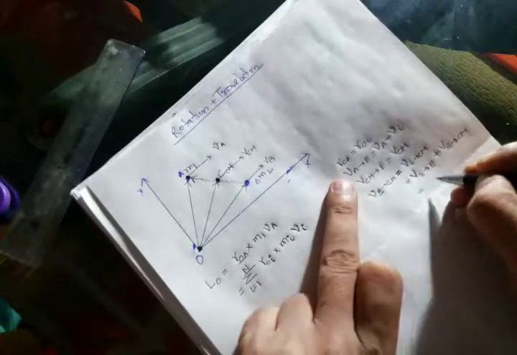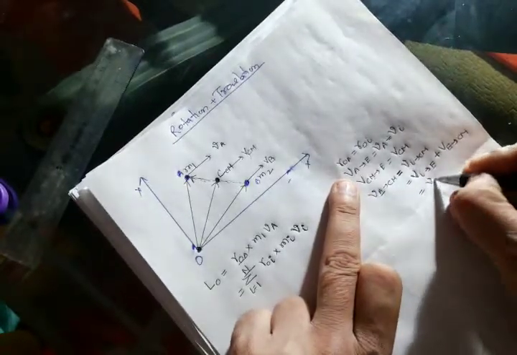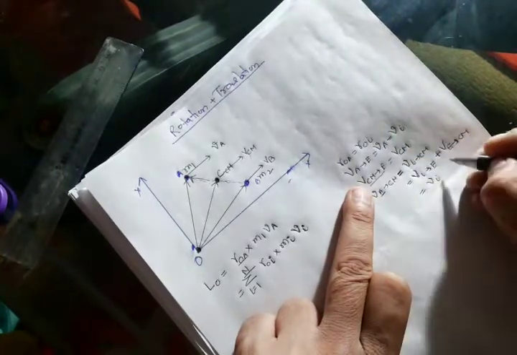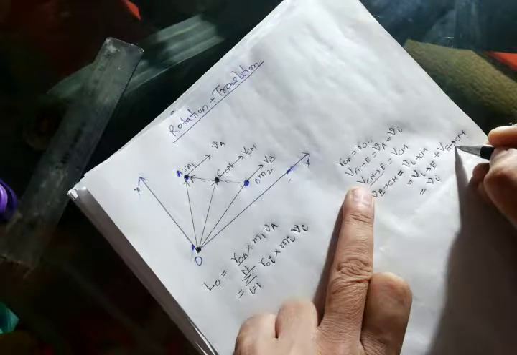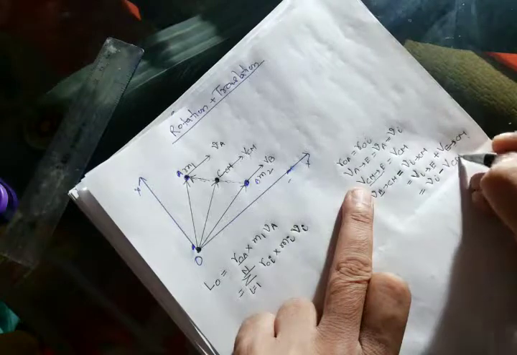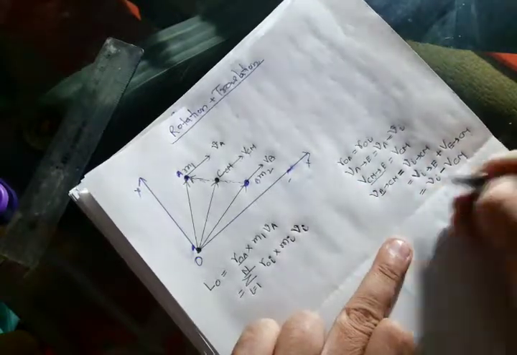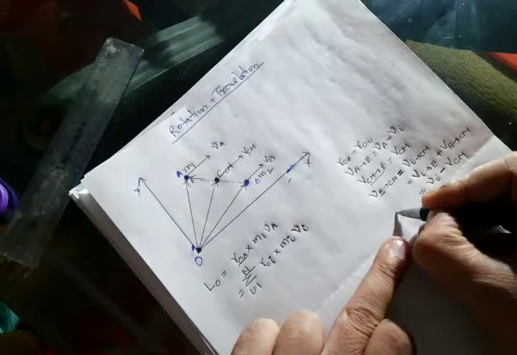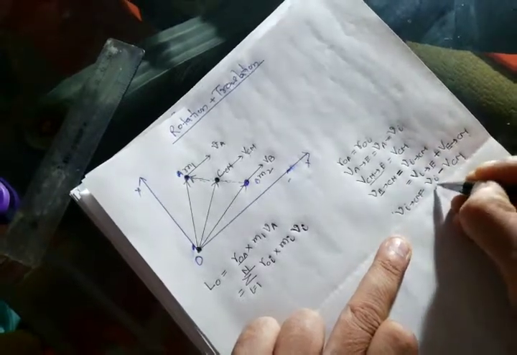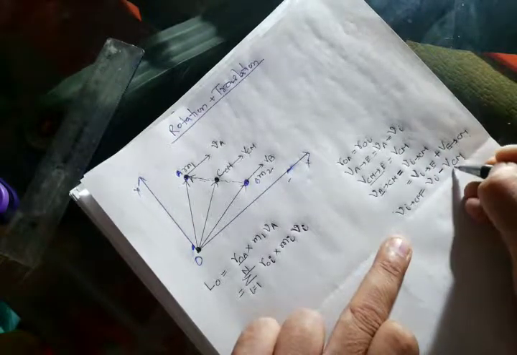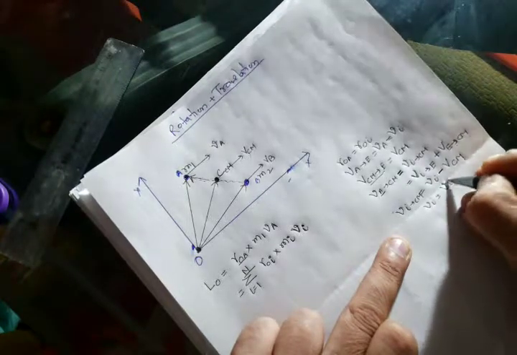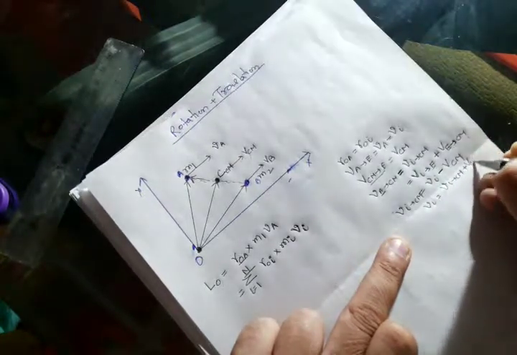Velocity of I with respect to earth is VI, and velocity of CM with respect to earth is VCM. Now we are making it inverse, so we use a minus sign, that will be minus VCM. So VI with respect to CM is VI minus VCM, and so VI will be VI with respect to CM plus VCM.